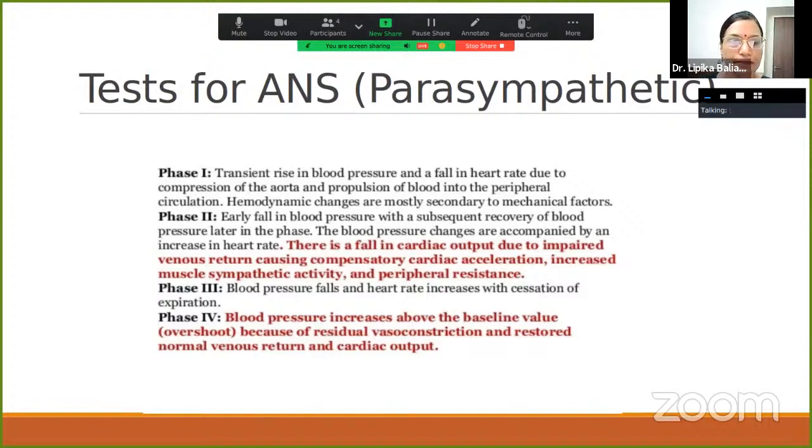In phase 3, the blood pressure falls and the heart rate increases with cessation of expiration. In phase 4, the blood pressure increases above the baseline value and overshoots because of residual vasoconstriction and restored normal venous return and cardiac output. So these are the 4 phases in which we are supposed to check the variation of the heart rate and the blood pressure.